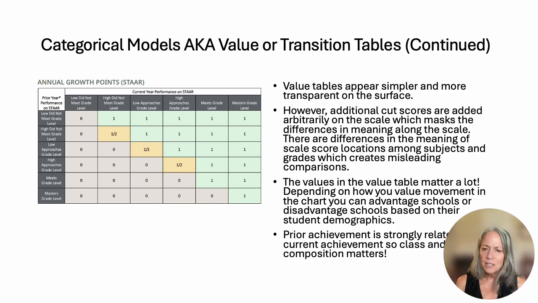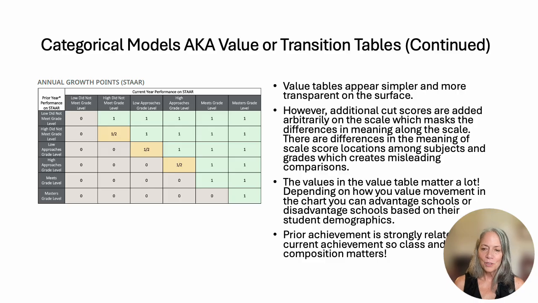The other thing that you need to know is that prior achievement is so strongly correlated, so strongly related to current achievement. That means who you serve matters. So if your kids come to you behind, that correlation explains a certain amount. I'm going to give you the exact data in my last video, in video number 3.